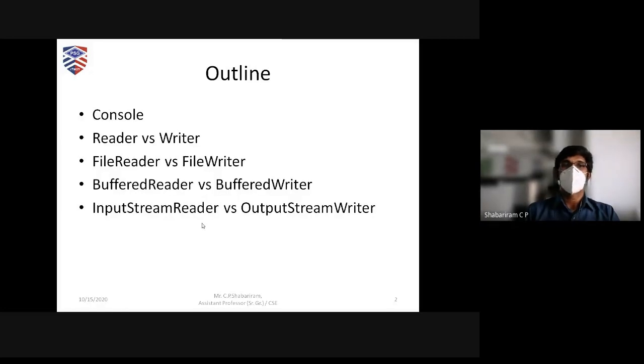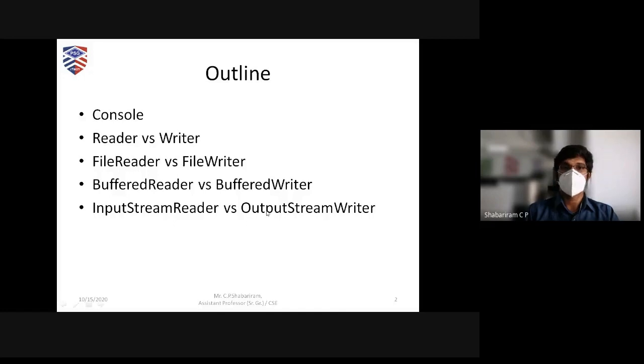Now we are familiar with input stream as well as output stream. In today's session, we are going to focus on a certain number of classes specific to character-oriented data. As a Java developer, if you want to combine byte-oriented data and character-oriented data, you may simply use classes like input stream reader as well as output stream writer.